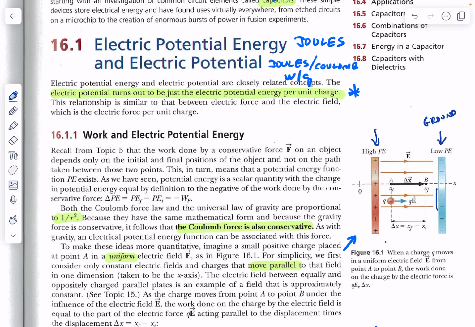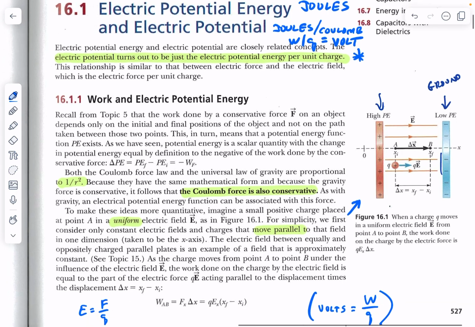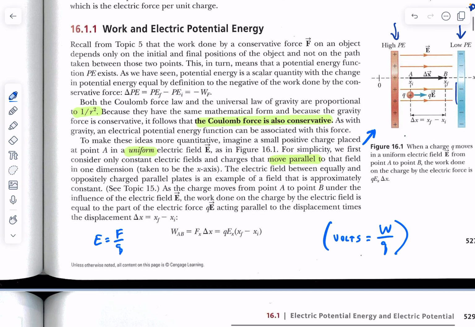And that's the breakdown definition of what a volt is. A volt is not a measure of electrical potential energy. It is a measure of the electrical potential energy per charge, and that's called electric potential. It's important to keep that distinction in mind.